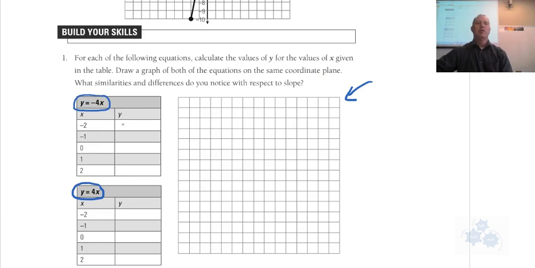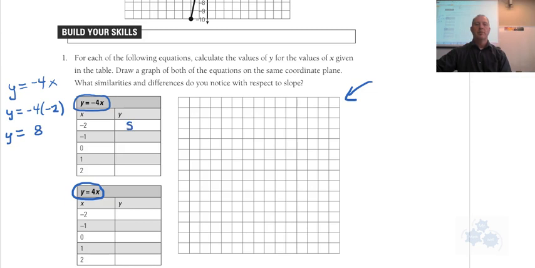Okay, so let's do the table first. All right, so y equals -4x. If you want to write it out on the side of your paper, I think that's a great idea. Y equals -4x. So if I put -2 in for x, what is the y going to be? It's going to look like this. So y equals what? What's -4 times -2? 8. It's +8, right.